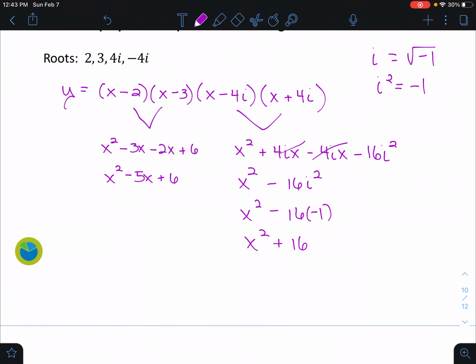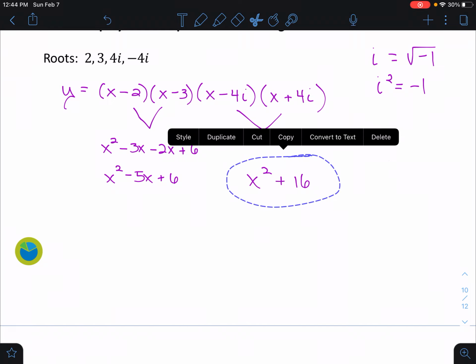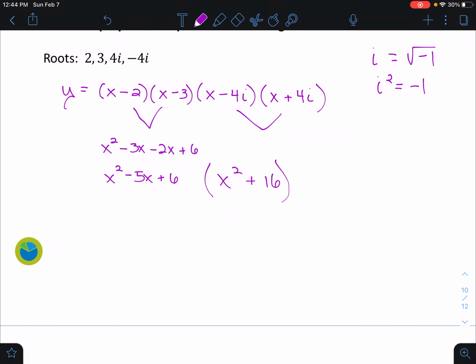Okay, now I'm going to erase this and move this up a little bit. Okay, so now what we're going to do is we're going to take this, and we're going to multiply them together.